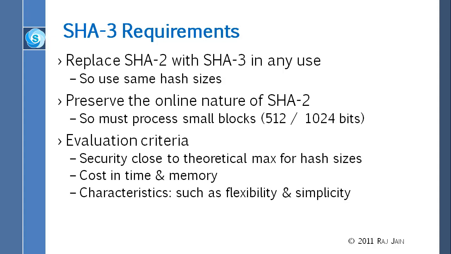It should give you security close to the maximum size. So if you have 512 bits, it should give you half of that, and 1024 bits should give you half of that. And the time and memory should be as little as possible, plus flexibility, simplicity, and everything else. Right now it's all requirements and not finally decided. So we don't really know what we'll get.